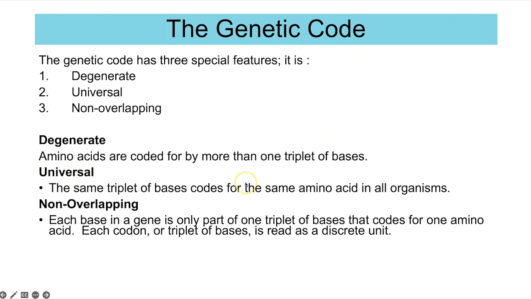The fact that it's universal has been really helpful in genetic engineering because it means that we can take a human gene and insert into the DNA of bacteria, and that bacteria will then produce the human protein. Non-overlapping is also linked to the concept of mutations. So it's really useful that each base is only part of one triplet, because if a mutation did occur in a triplet, then at least it's only one codon which is affected and therefore only one amino acid.